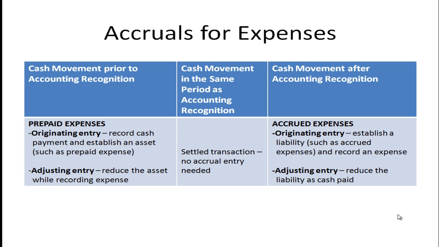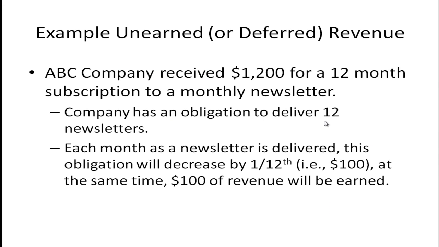So let's take a look at a couple of examples. It'll be a lot clearer if we look at those. An example for unearned or deferred revenue. Suppose ABC Company received $1,200 for a 12-month subscription to a monthly newsletter. The company has an obligation to deliver these 12 newsletters. So they've got a prepaid or unearned revenue, or deferred revenue, and each month as one of the newsletters is delivered, this obligation is going to decrease by 1/12 or $100.